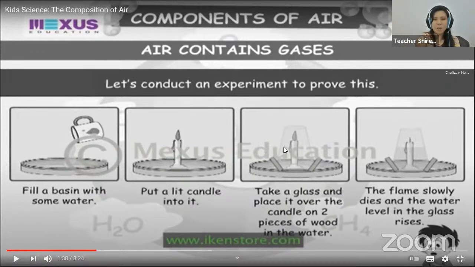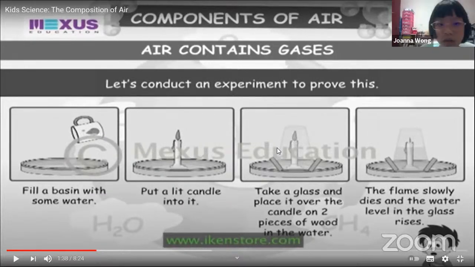So yes, this experiment basically shows that air is everywhere. It occupies space, right? What have you learned from the experiment? When you want to burn something, what do you need? What kind of air do you need to burn? Fire. And what air is needed? Fresh air. You need oxygen.